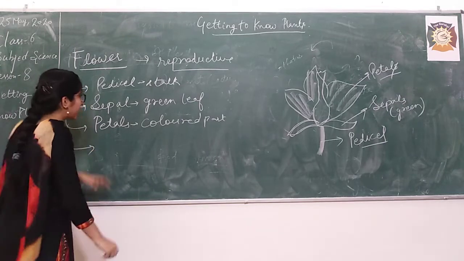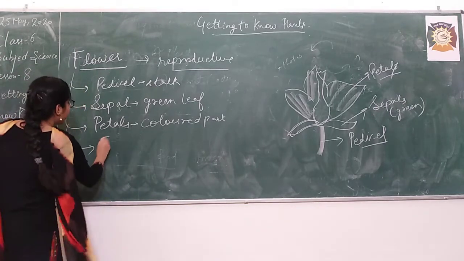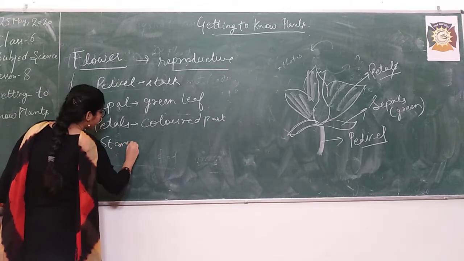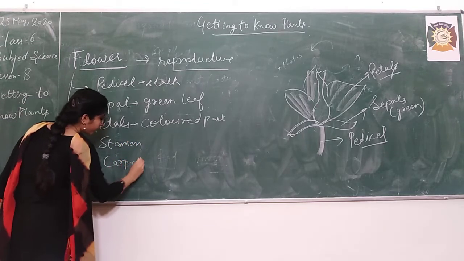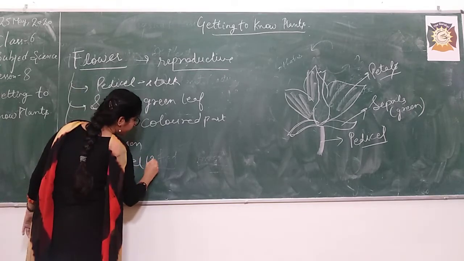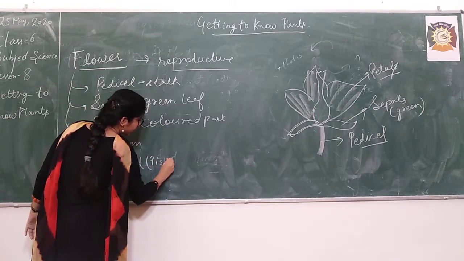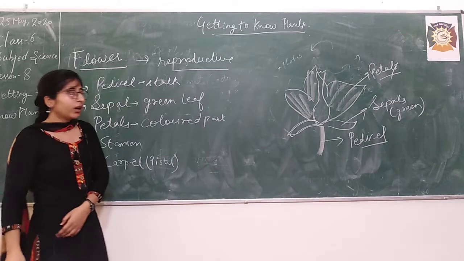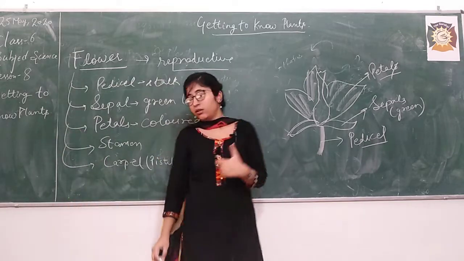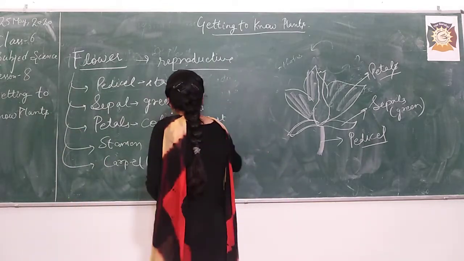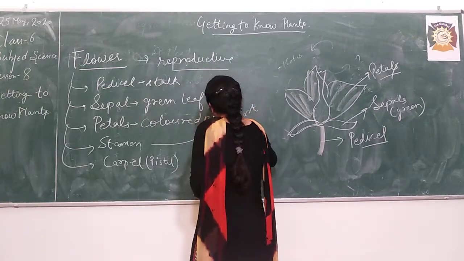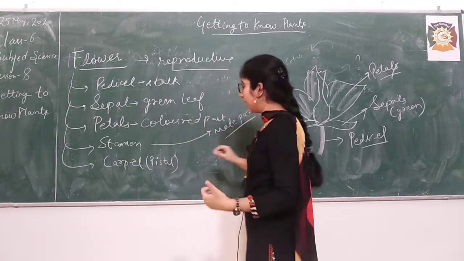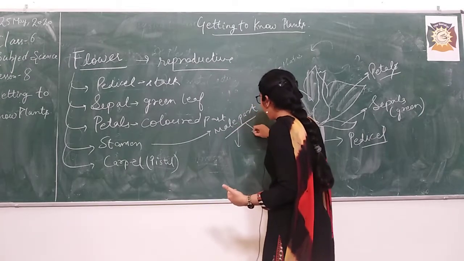Now the next two parts are very important. First one is stamen and second is carpel. Carpel is also known as pistil. Now listen very carefully. See students, this stamen, what is it? Stamen is the main part of the flower and it has two further parts in it.